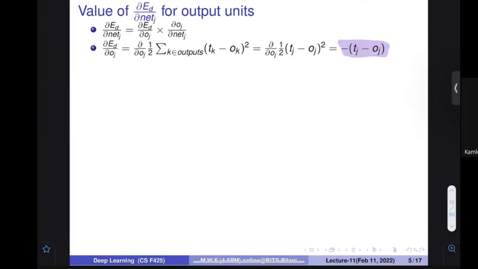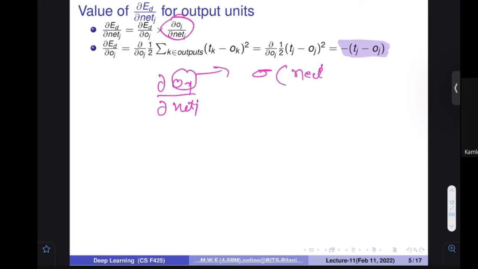Okay, so let us see the second part. It is del oj upon del net j. So what is oj? Oj is the activation function applied on the net j. So ultimately what you want to find is del of the activation upon del net j.